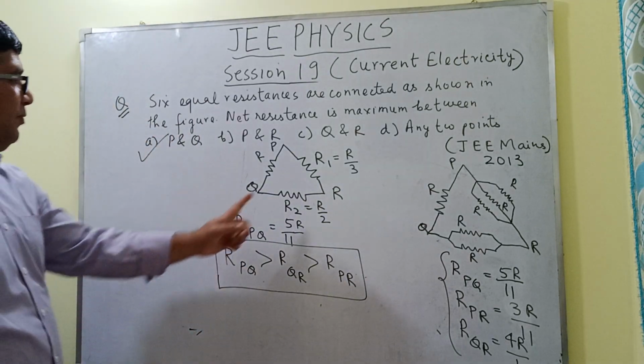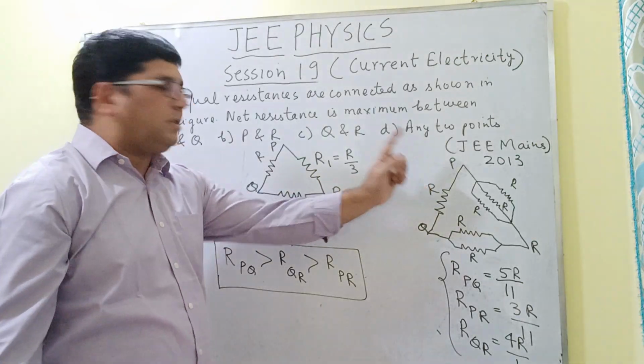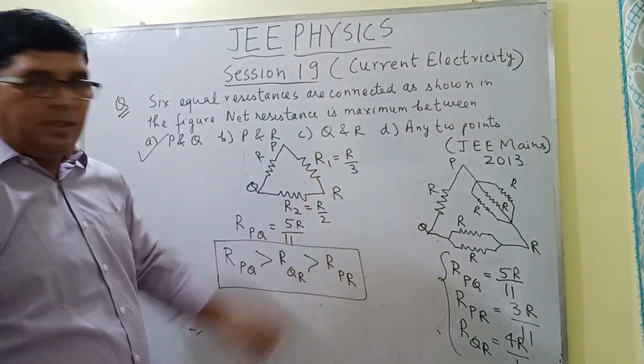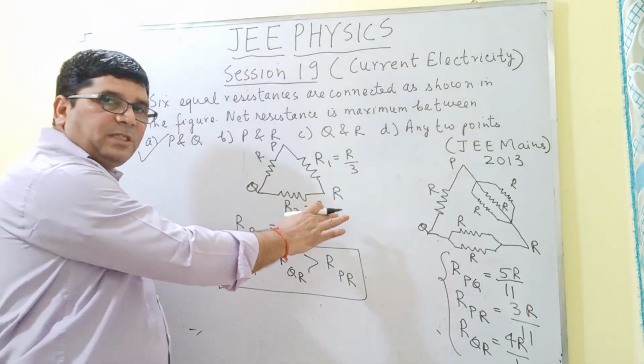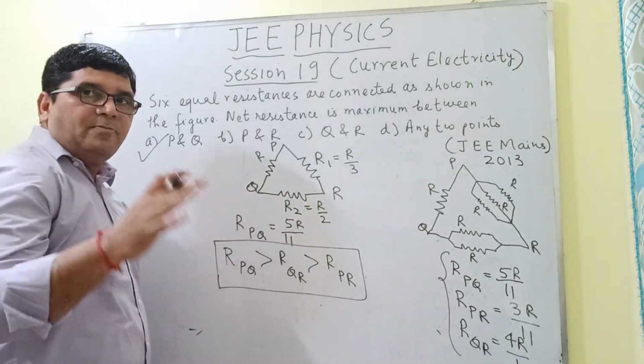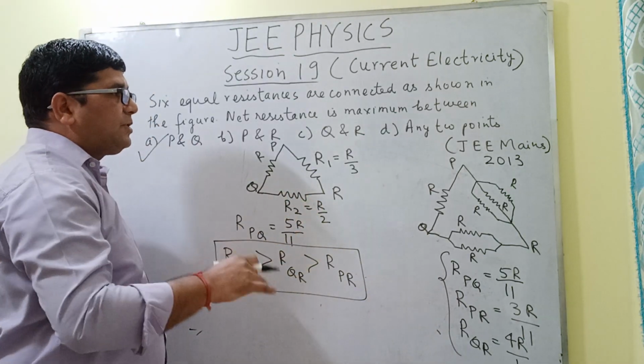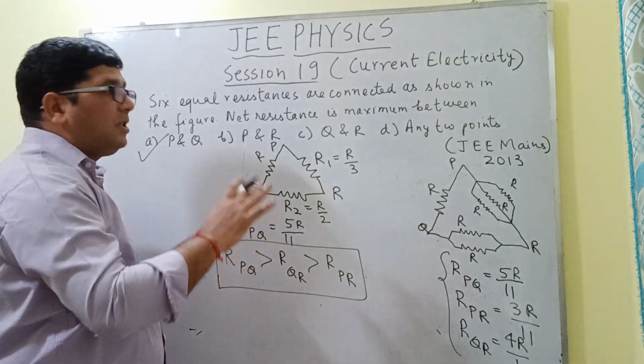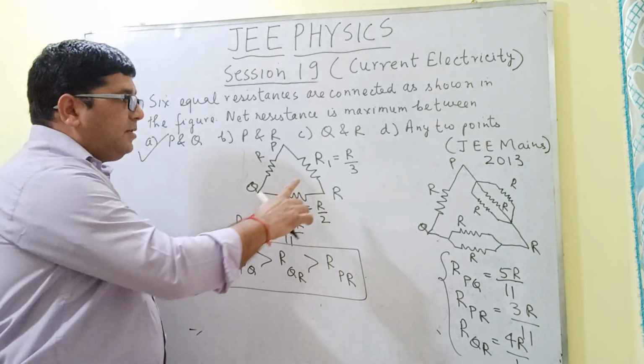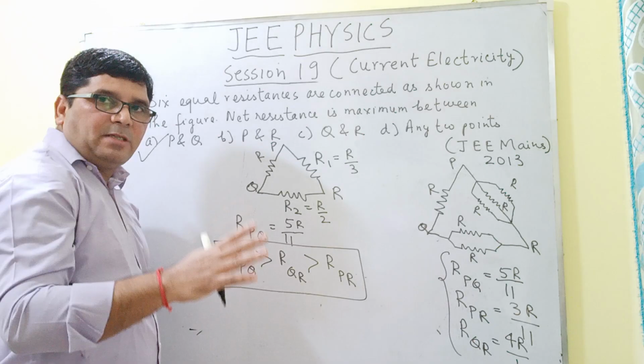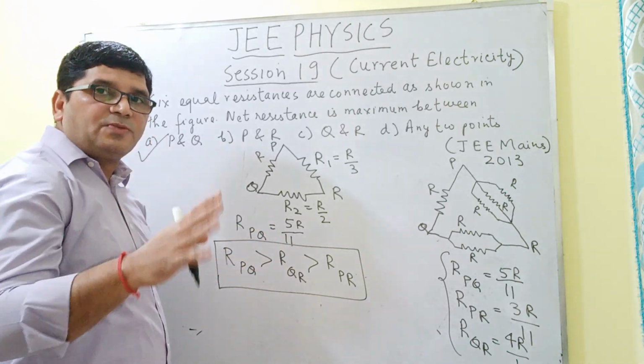This question was asked in the JEE Mains examination in 2013. If you look at it, it is a very easy question. I wanted to discuss it in this session because in JEE Mains you will come across very easy questions.